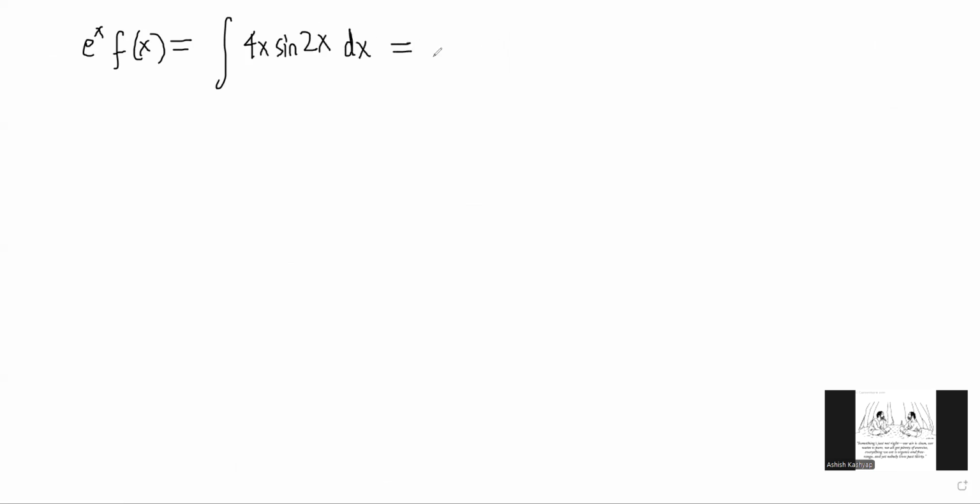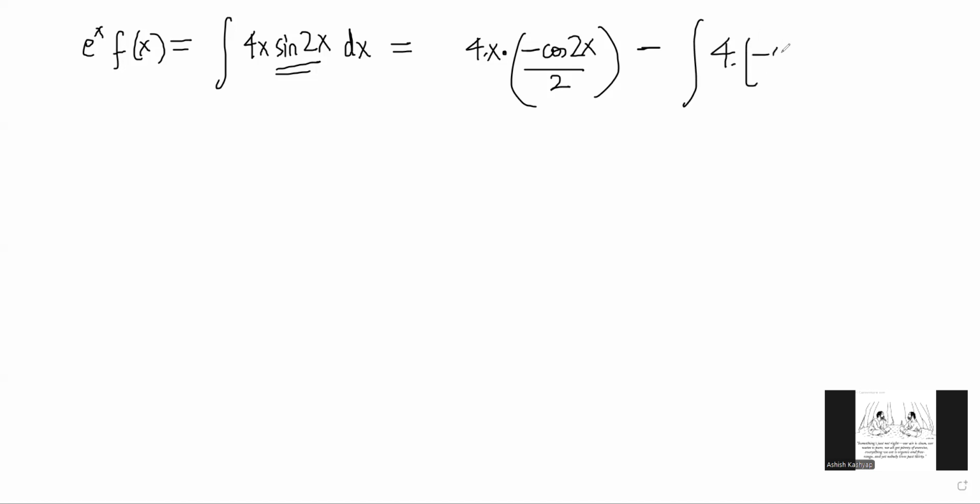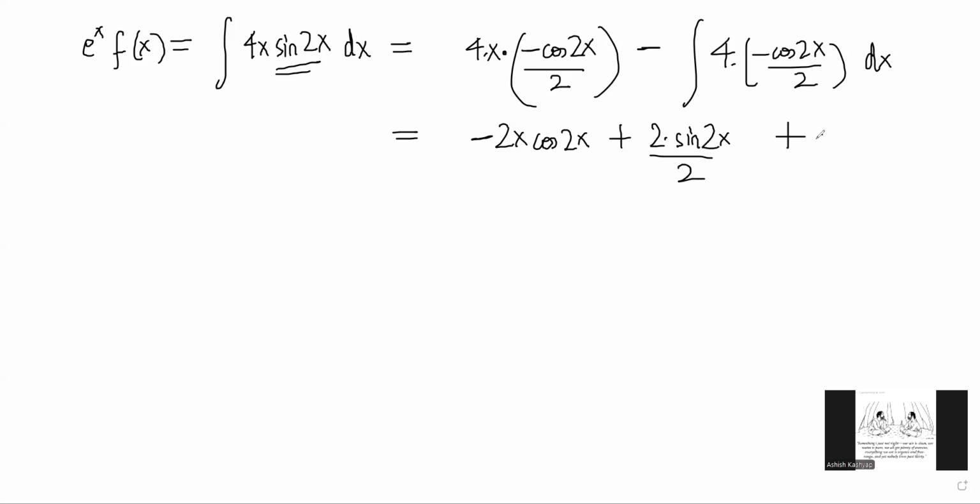By integration by parts, we take sin 2x as the second function and 4x as the first function. 4x stays unchanged, and the integral of sin 2x is -cos 2x / 2. Then we subtract the integral of the derivative of the first function, 4, times -cos 2x / 2, dx. This becomes -2x cos 2x + 2 sin 2x / 2 plus some constant.